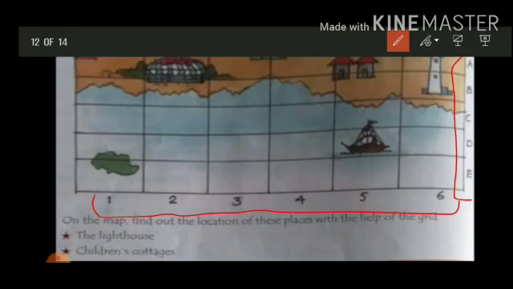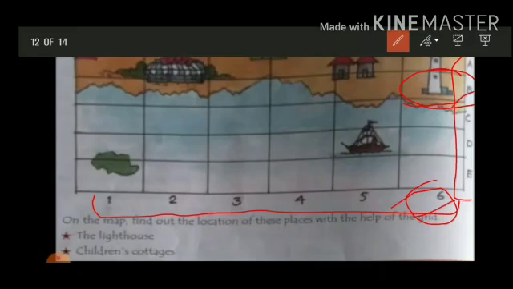If we see this lighthouse, at first we have to see the vertical numbering and then the horizontal numbering. This is grid B, then number 6, then B6. The lighthouse is situated in B6.